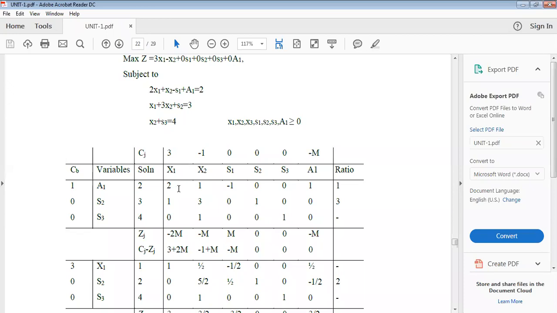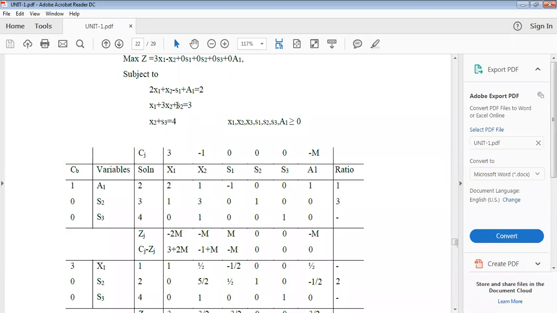After this is the first equation, 2x1 plus x2 minus S1 plus A1 is equal to 2. I have marked it. So for 2x1 plus x2, 2 and 1 we have marked. This is minus S1, so minus 1 here, and plus A1, 1 here, and the right-hand side is 2.